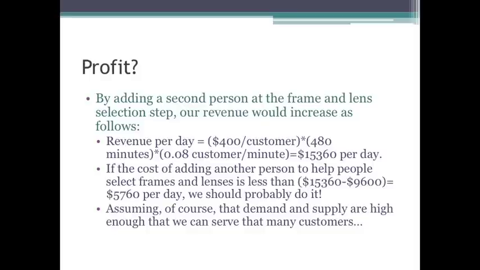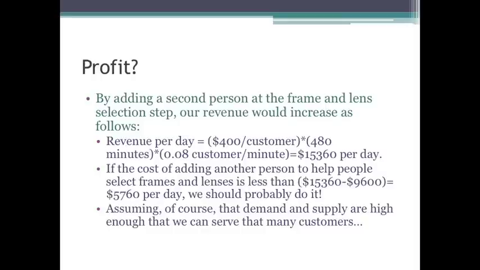So, adding the second person to the frame and lens selection step will net us $5,760 more per day than what we were looking at with just adding one person.